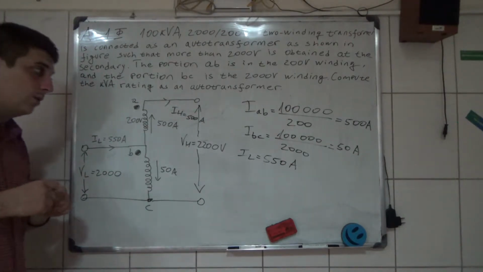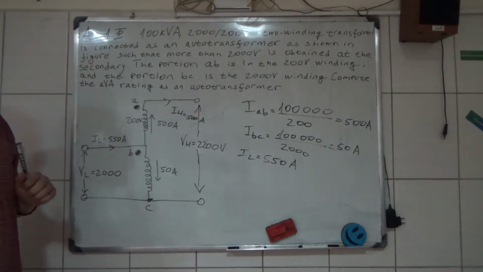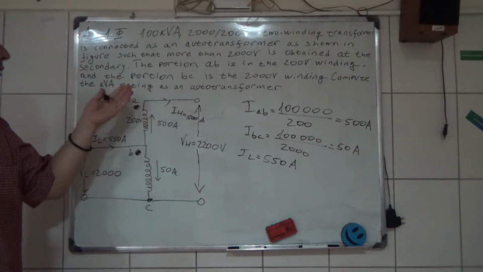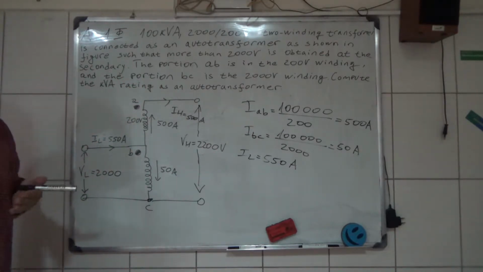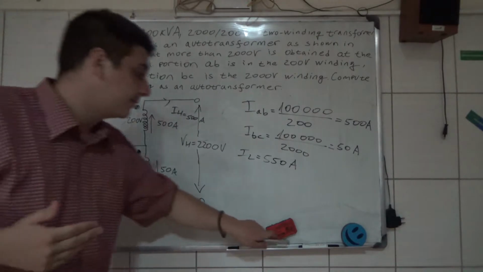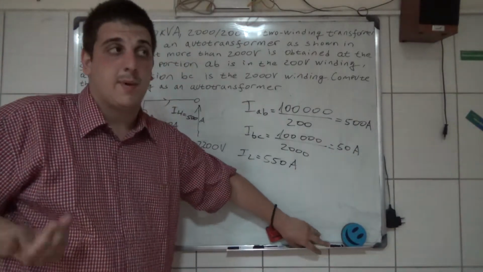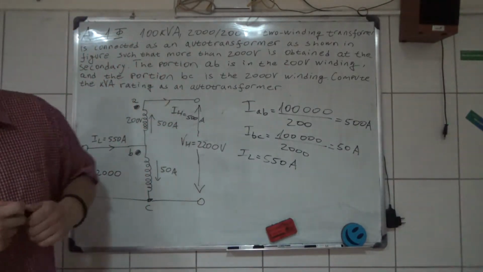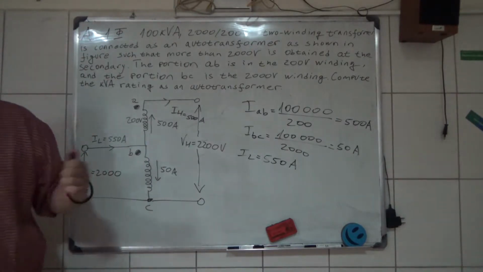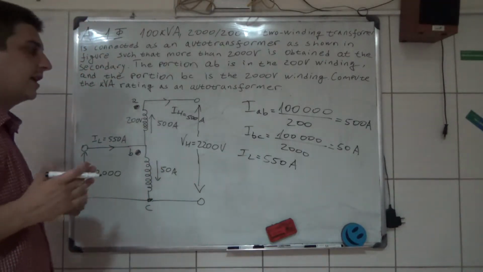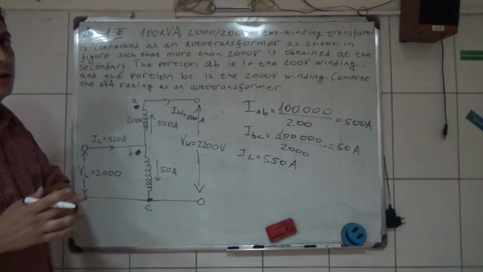Now it asks what is the kilovolt ampere rating of the transformer. That is easy to calculate. That is the apparent power, and let's calculate it from the low voltage side and the high voltage side.